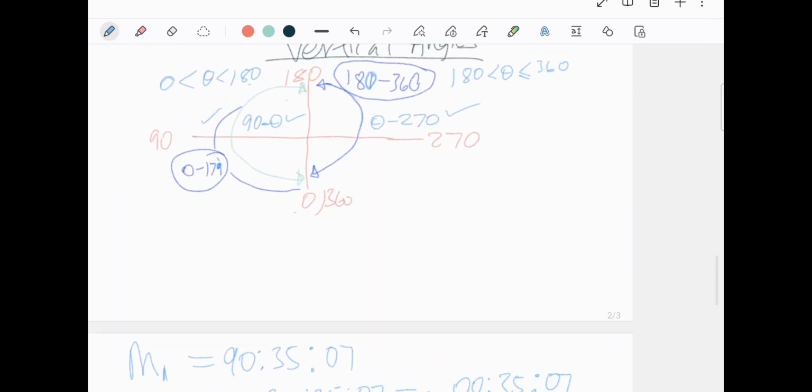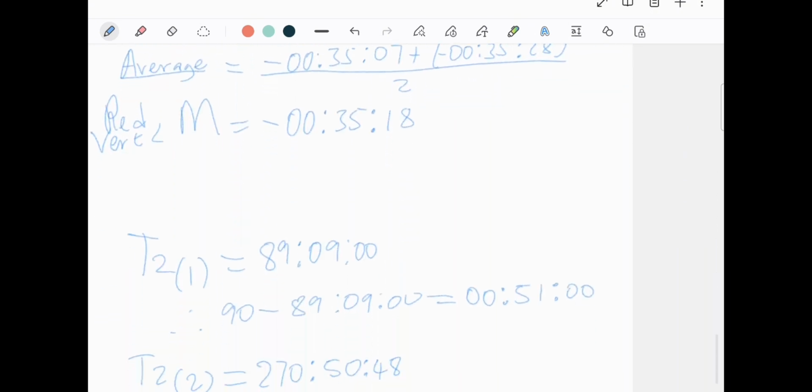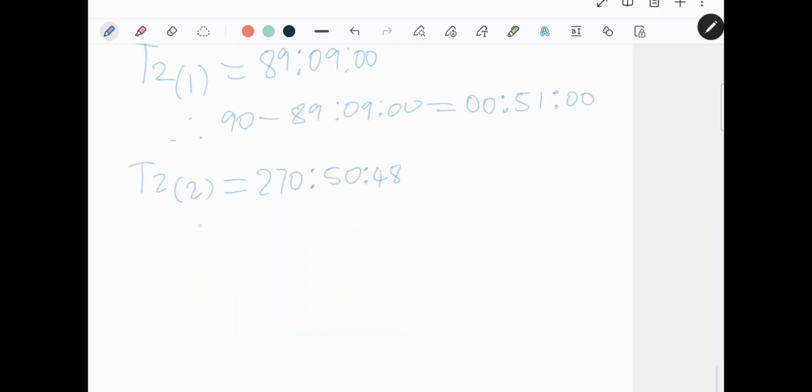So now you have to use what? Theta minus 270. Remember, we only have two formulas for reduction there. Theta is 270, 50, 48 minus 270.